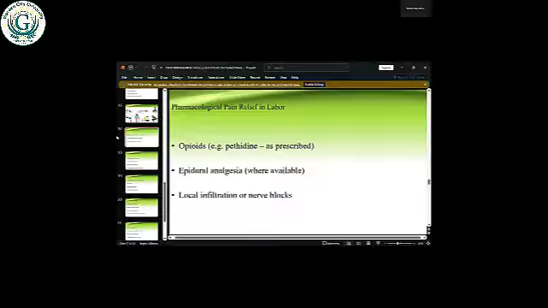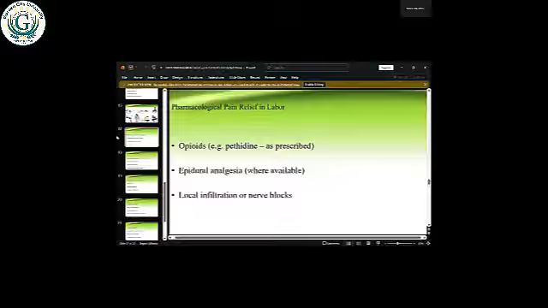Yes, so we are saying that during labor, if all the above mentioned non-pharmacological pain management fail, we have to step in with pharmacological. Mostly at the beginning of labor, we can give acetaminophen, which is acceptable. But as labor progresses, sometimes we can give opioids like Pethidine as prescribed, either IV or IM.